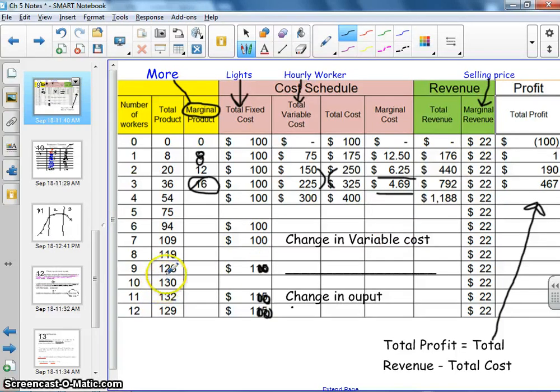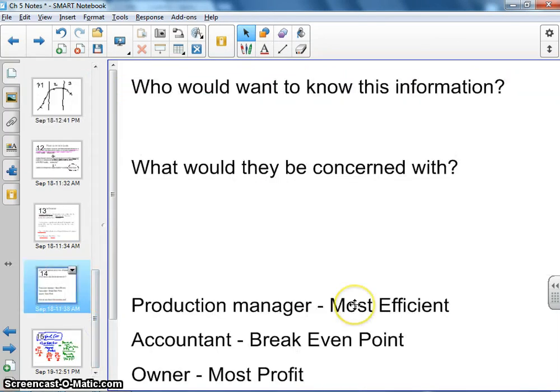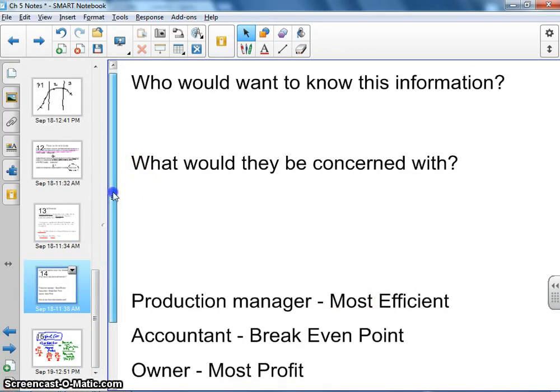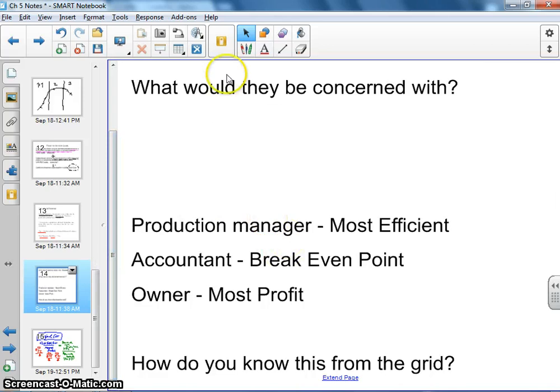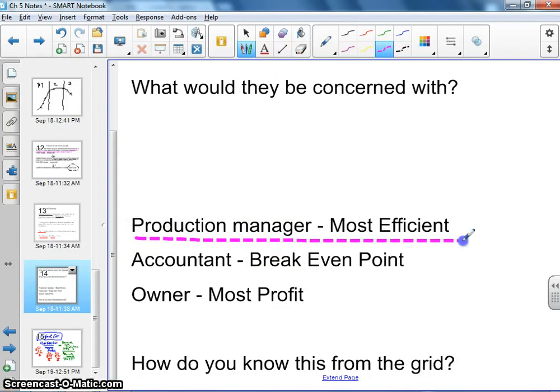As we look at who would bother to look at information like this, there are a couple of people. The first person would be our production manager, and they're going to want to see where we are the most efficient. How would you figure that out?